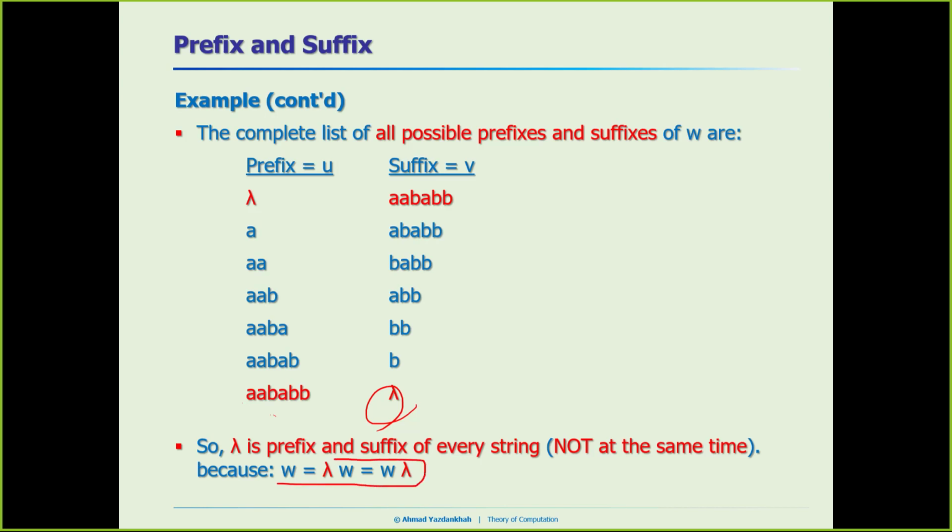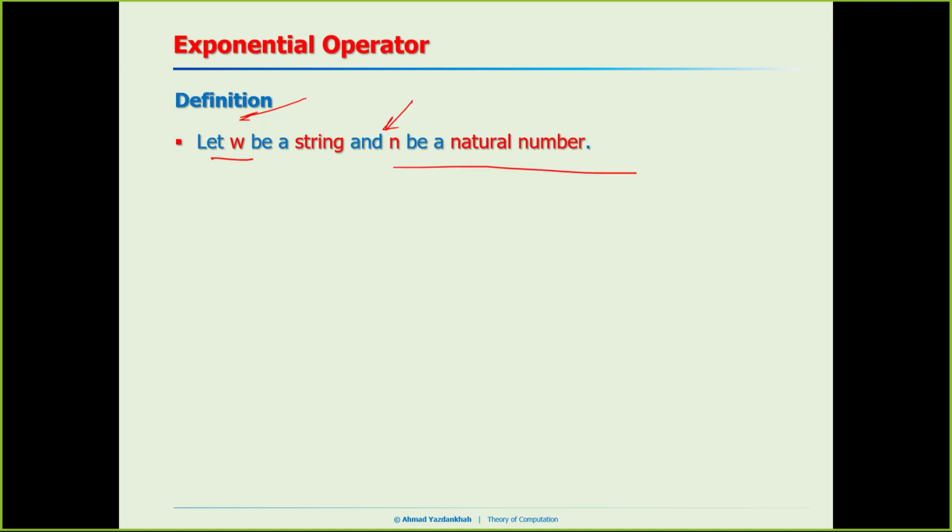this equation we have. The exponential operator looks like elementary algebra. We have a string, we denote it, let's say, with W. And if we concatenate it n times, where n is a natural number, of course, then we will get W to the n.